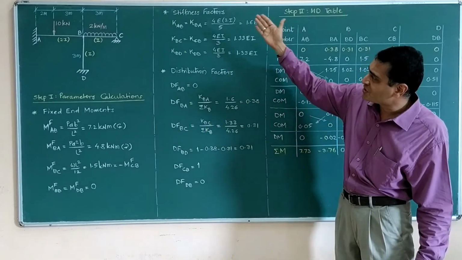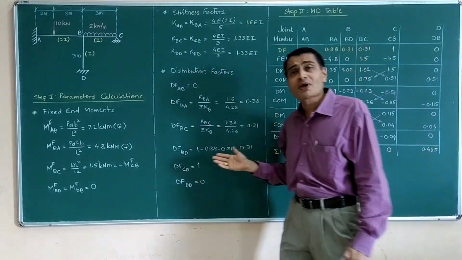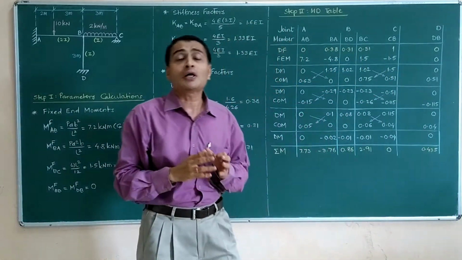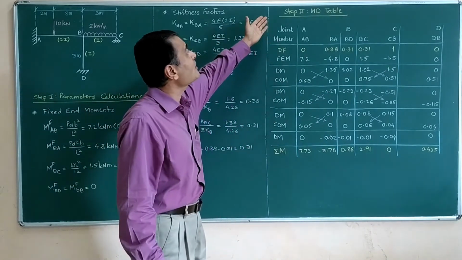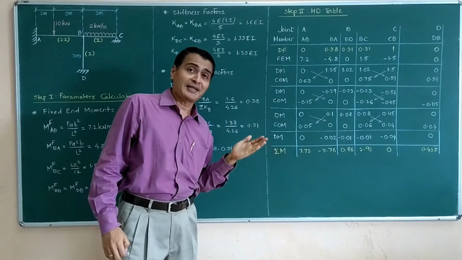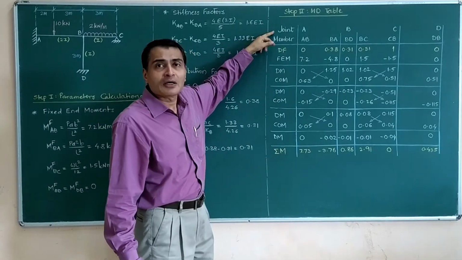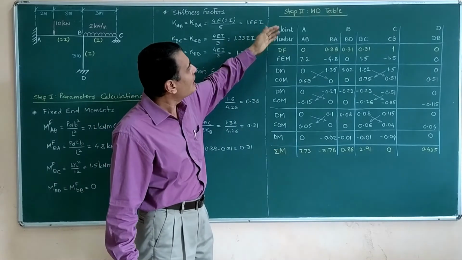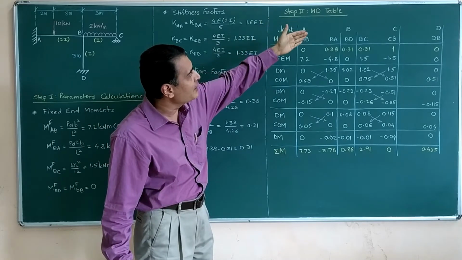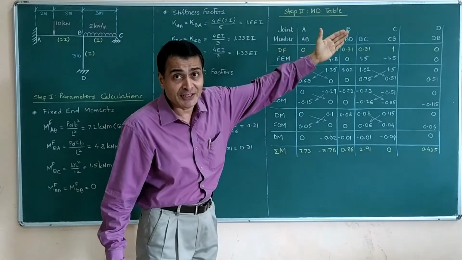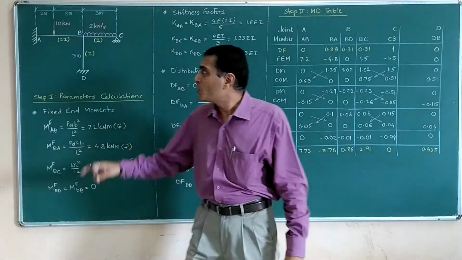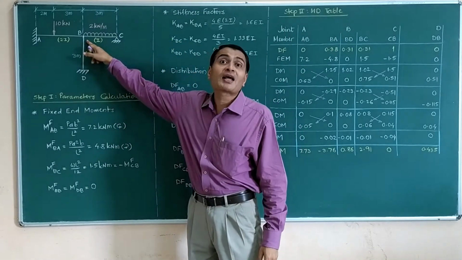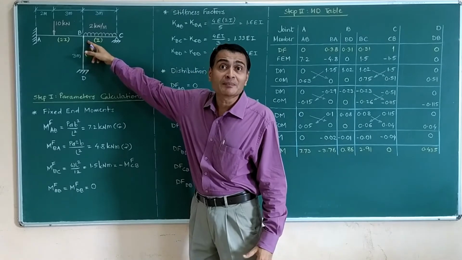Fixed end moments, stiffnesses, distribution factors, and now we go for the moment distribution table. So that is what I have written here. Step 2, MD table. We start with joint. I have written A, B, C, D. Here we have to be a bit careful because at joint B we have 3 members meeting.